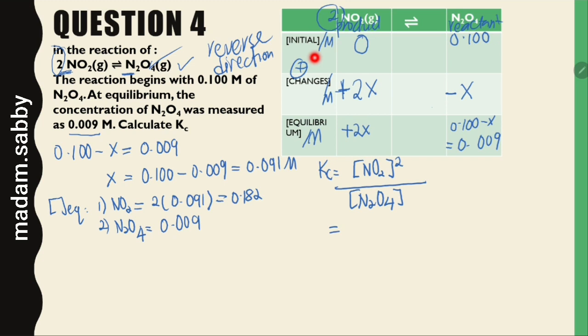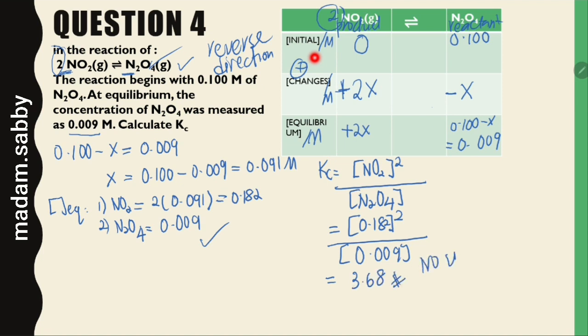Then we substitute with the equilibrium concentrations that we already calculated. Your NO2 is 0.182, squared, over 0.009. If you press your calculator, you will get your Kc to be 3.68. Again, no unit.